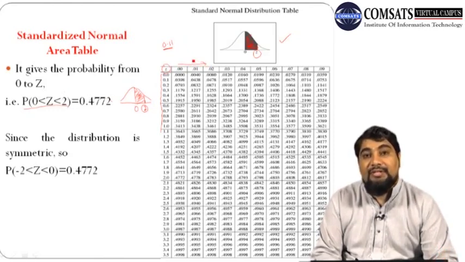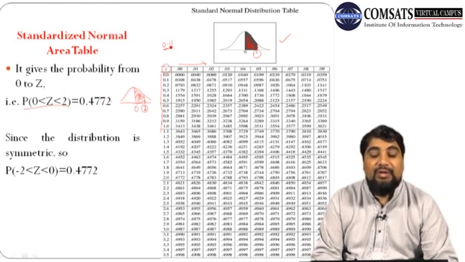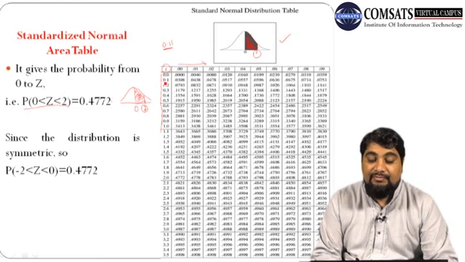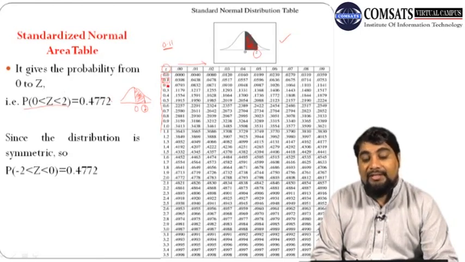So suppose we want to locate 0.11, it is actually 0.1 here and the next 0.01 here. Just take the intersection of these two numbers.